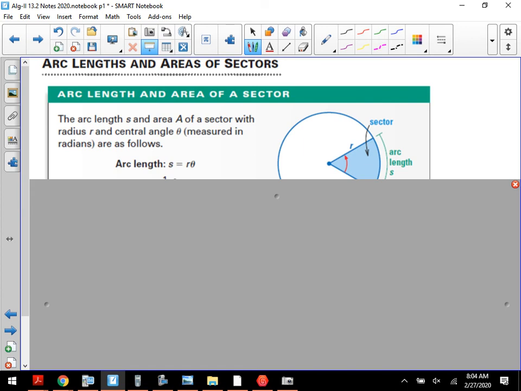What they do is they use arc length, they call it S. They use radius times theta, where theta is in radians. So instead of it being angle, it's radius times theta that is your arc length. And they call that S, where theta is in radians.